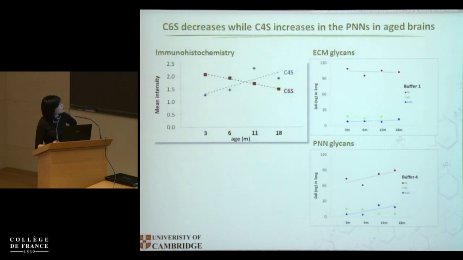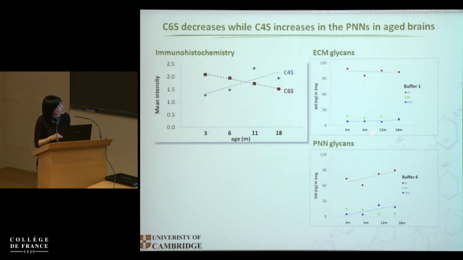Recently we were also looking at the different sulfates that change in the perineuronal nets in the aged brain. Similar to what we showed earlier, in the aging brain there is also a reverse trend of 4 sulfates against 6 sulfates during the aging process.